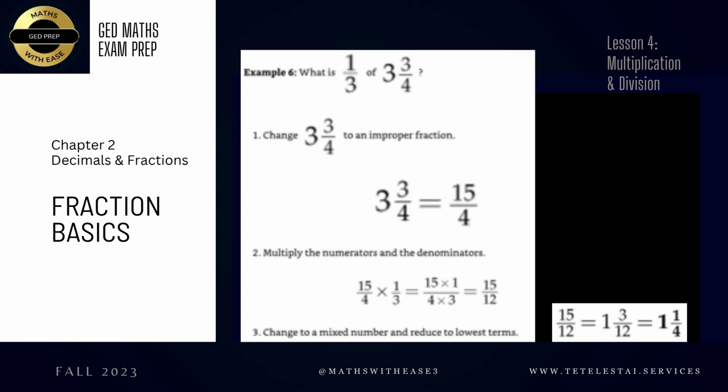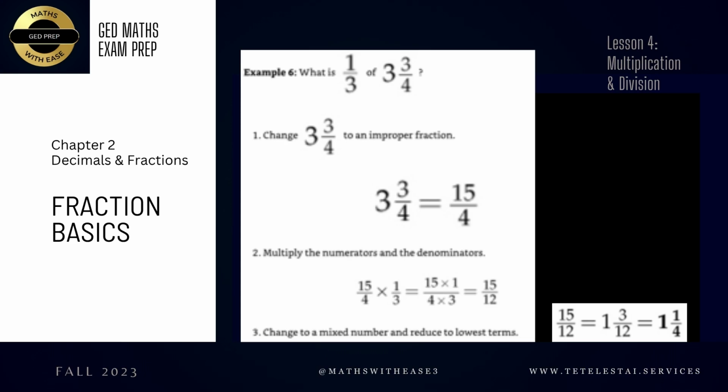In this example, we have a proper fraction. The numerator is smaller than the denominator. And then on this side, we have a mixed fraction. So what we need to do is change the mixed fraction into an improper, top-heavy fraction so that we can work with it.